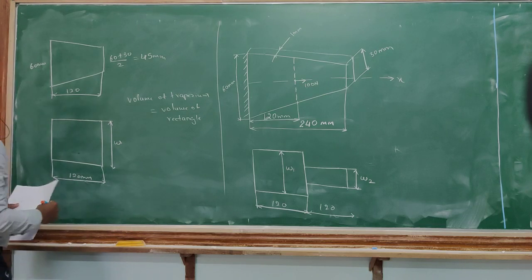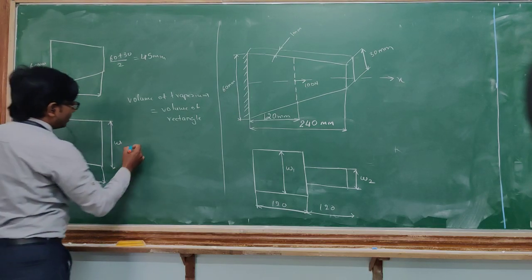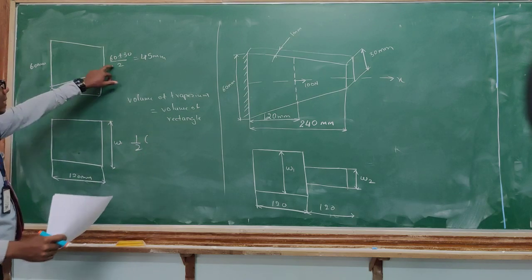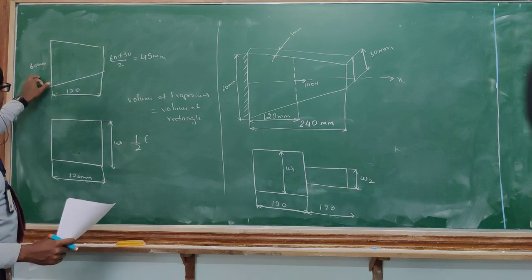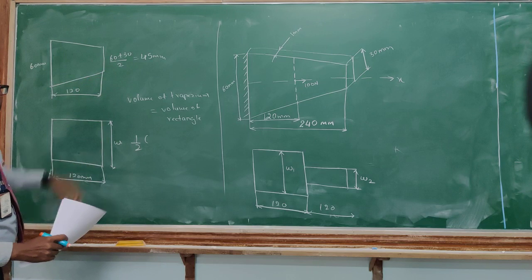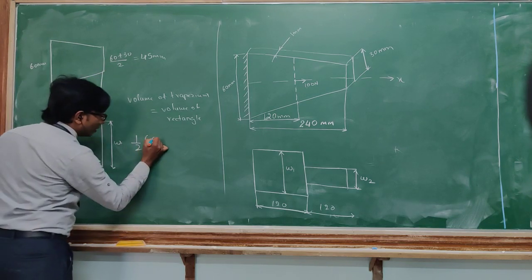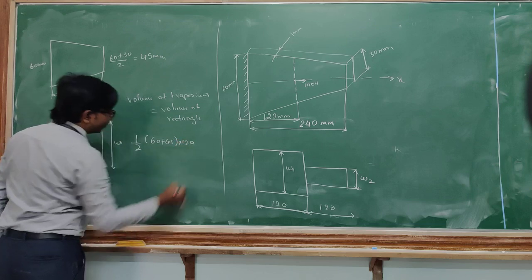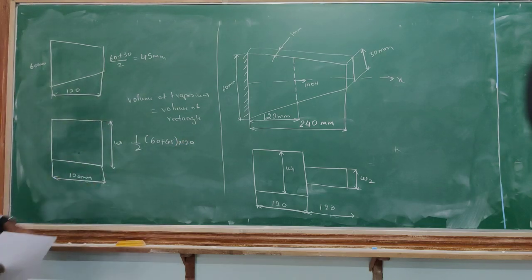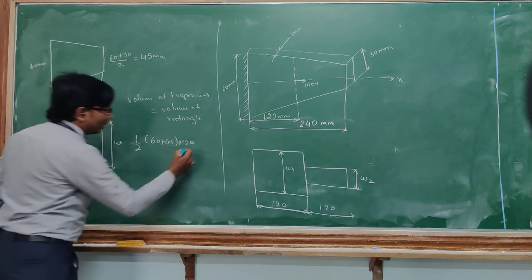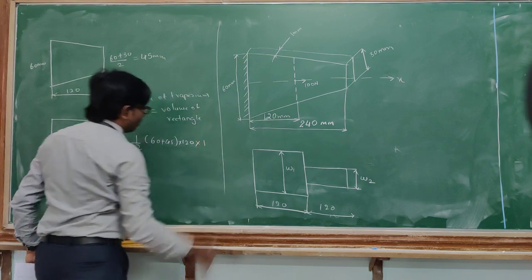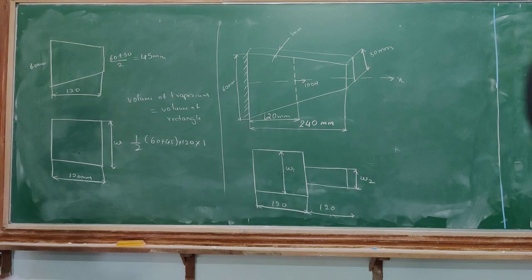So what is the volume of the trapezium? It is half into the sum of these two parallel sides, 60 plus 45, into the length 120. That gives the area; multiplying by the thickness, which is 1 mm, gives the volume of this particular section.